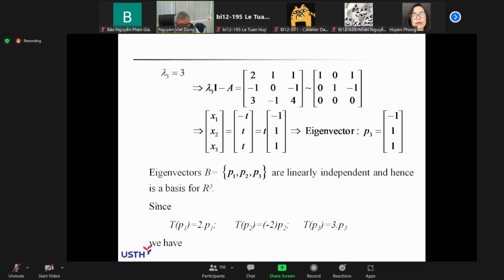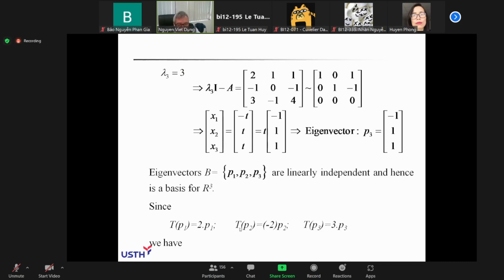And because T of P1 equals 2 times P1, T of P2 is minus 2 times P2, and T of P3 is 3 times P3, if we write down the coordinate columns according to the basis B, the coordinate of T P1 will be 2, 0, 0.